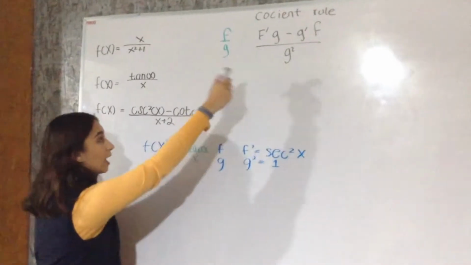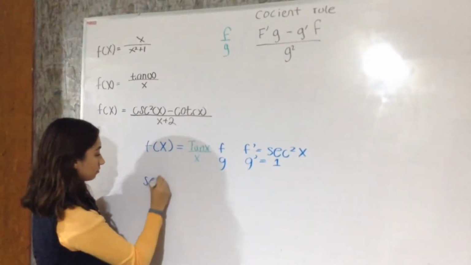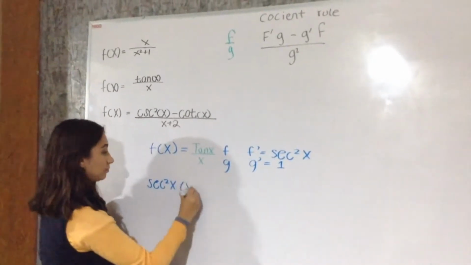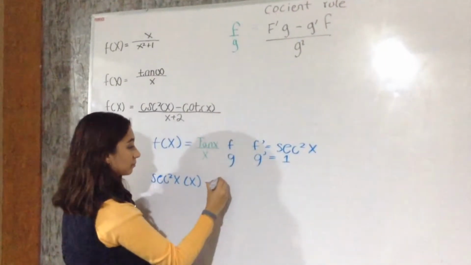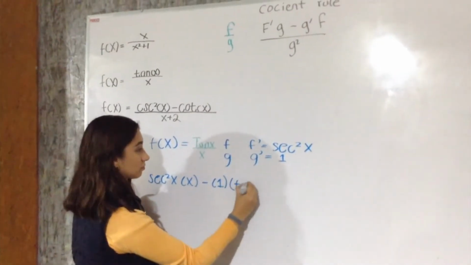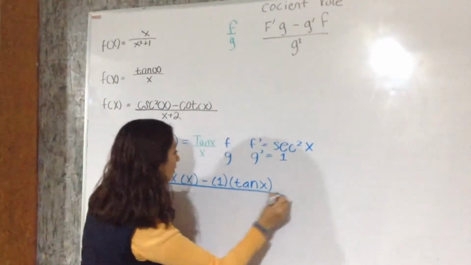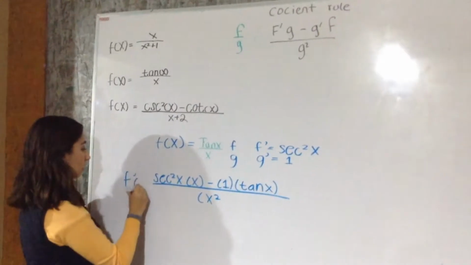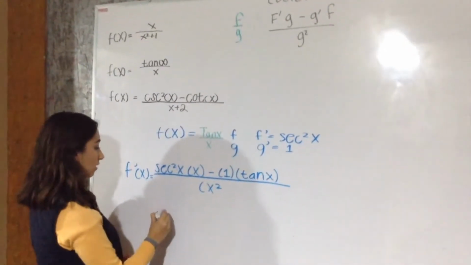Following the rule, we have to put the derivative of f by g minus the derivative of g by f over x squared. This is our derivative. Now we have to present it. It's going to give us like this.